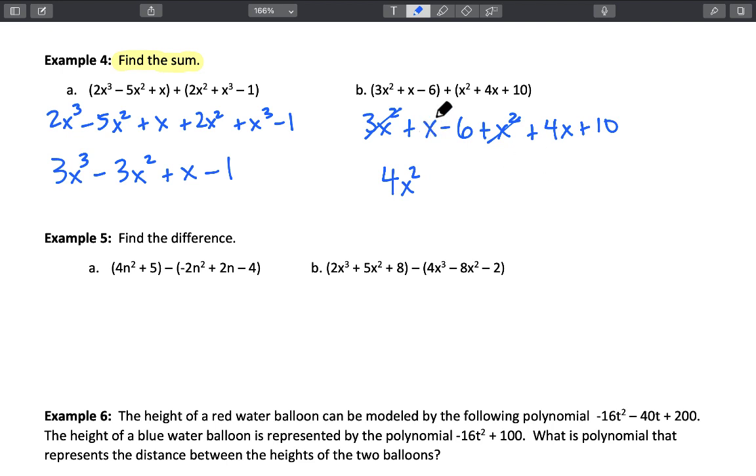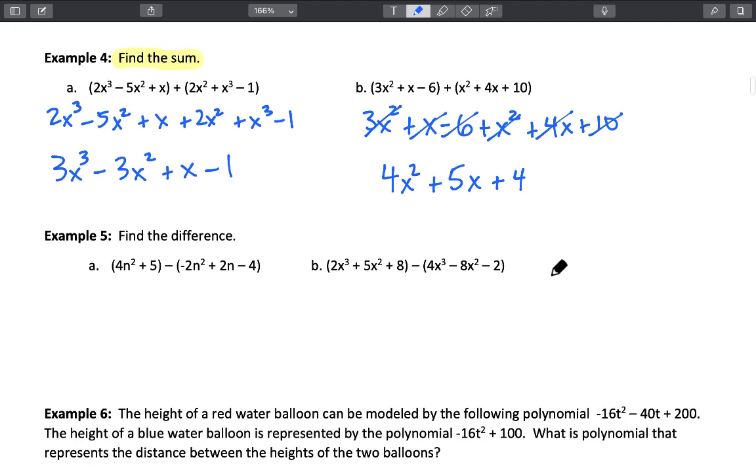Next terms are my x's. I have a positive x and a positive 4x. That's going to give me positive 5x. And now I have a negative 6 combined with a positive 10 to give me positive 4. If you like this method of crossing off your terms so you can make sure you don't miss any, then I highly encourage you to use that.